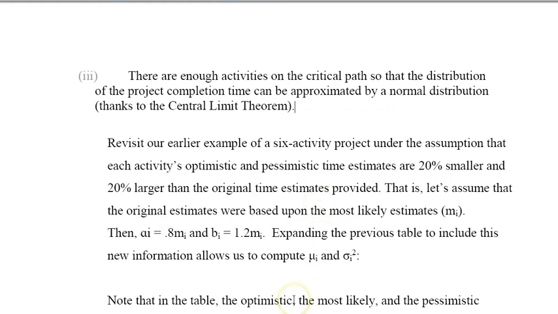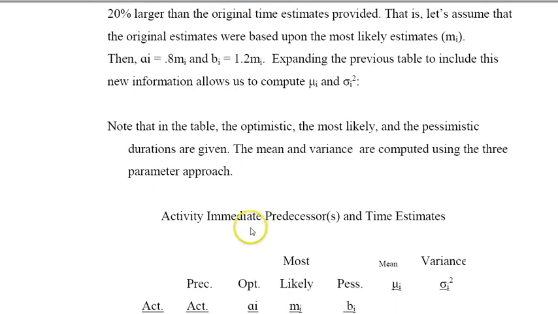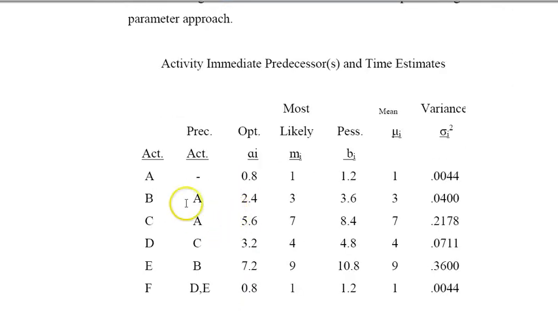So, let's say MIs are the ones we have, AIs are 0.8 MIs and BIs are 1.2 MIs. If I tabulate these, this is what I would end up with. These are my activities, these are my precedence relationships, and these are my most likely ones, the ones I had before: 1, 3, 7, 4, 9, 8.